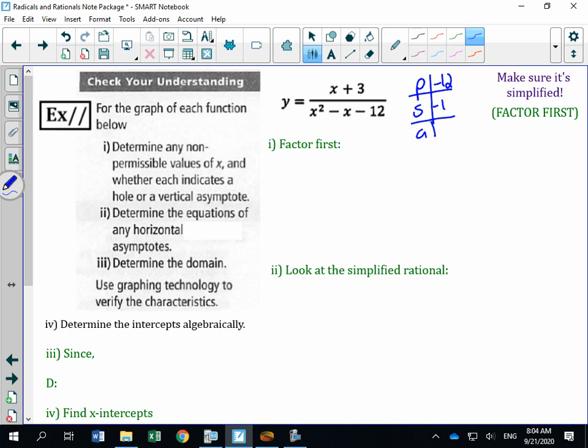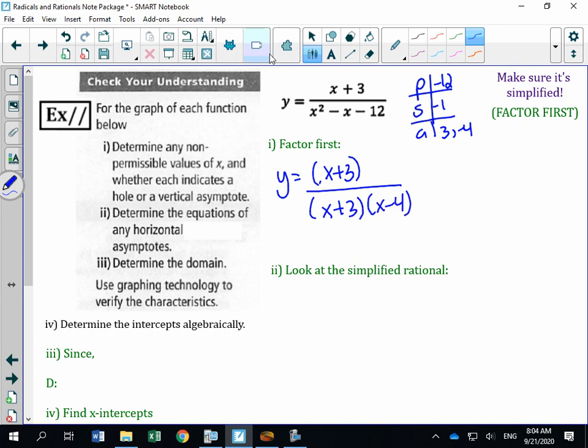So let's see, product of -12, sum of -1 is 4 and 3. So 3 and -4. So what I have for this example, writing this in factored form, I'm going to have y is equal to x plus 3 all over x plus 3, x minus 4.